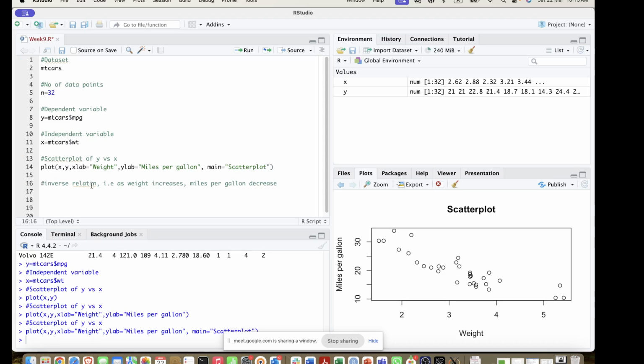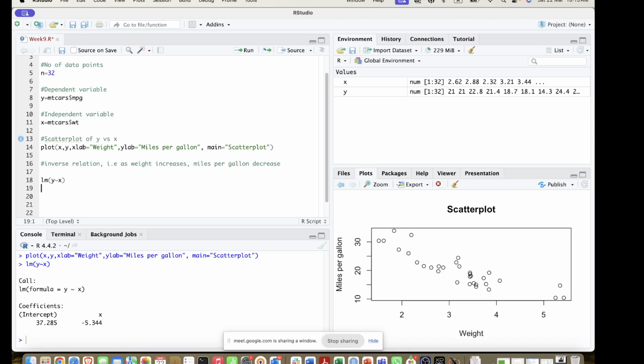Okay, now that we see an inverse relation, and this looks like a straight line, I could fit a straight line for this data. I could also fit a quadratic, but let me first fit a straight line. In order to do that, I am going to use this command lm y on x. Once I run this, it is going to give me the estimates of beta naught.